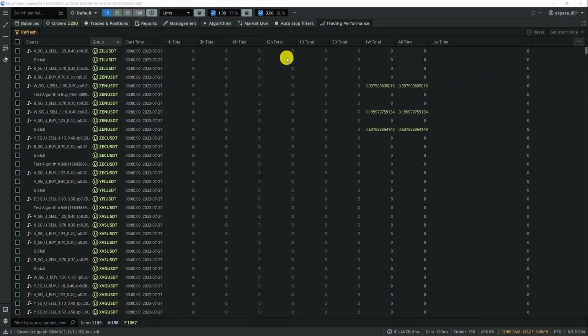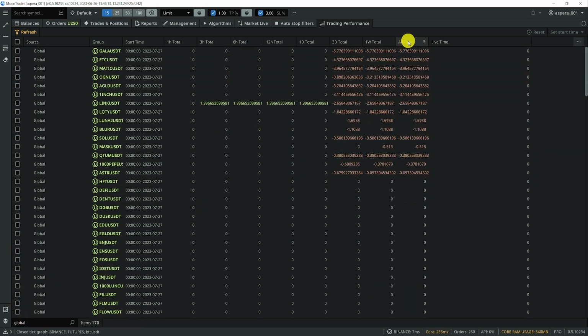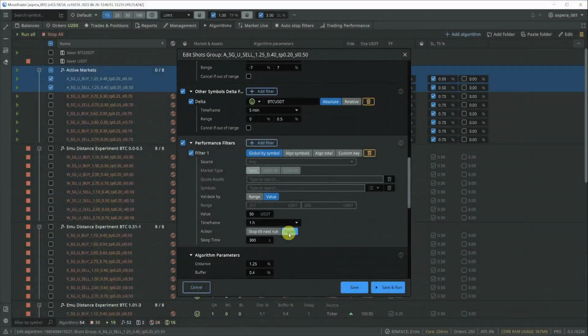Like here in the performance tab, if you were to filter by global, you would see the data source. Once the filter sees that the total global P&L of a specific coin does not meet the conditions you specified, it stops or pauses trading only for this specific coin and only in this specific algorithm. Got that?